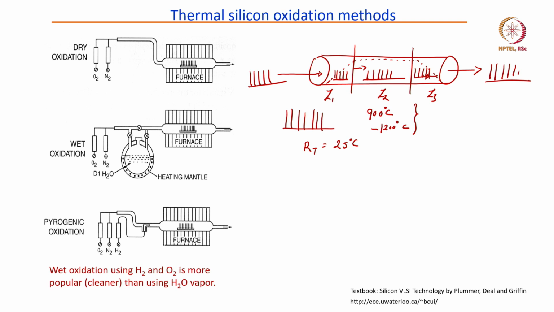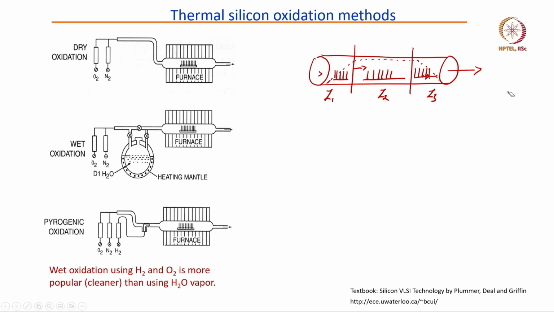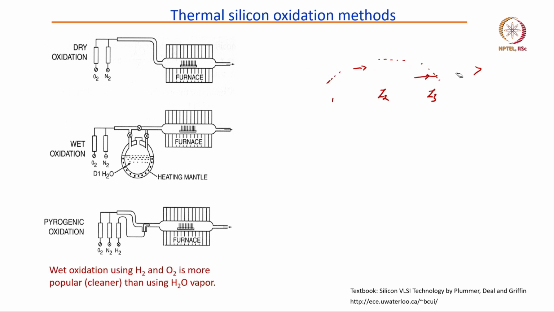The next thing that I want to tell you is the way nitrogen and oxygen are utilized, the role of nitrogen and oxygen for thermal oxidation. Let us take for example dry oxidation.